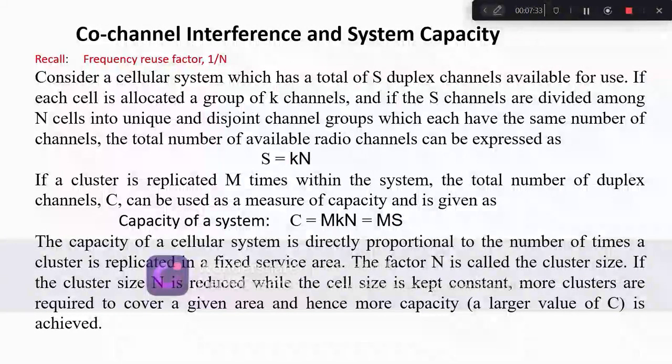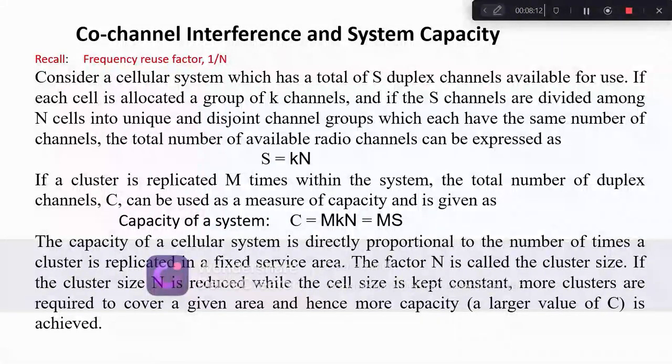The capacity of a cellular system is directly proportional to the number of times a cluster is replicated in a fixed service area. Very simple. Consider one sector of Islamabad, for example H11. If you divide H11 into 4 clusters, and in each cluster you are having, for example, those 33 megahertz bandwidth, you are repeatedly using that bandwidth 4 times, and you have m times S, the total capacity, so like 4 times.